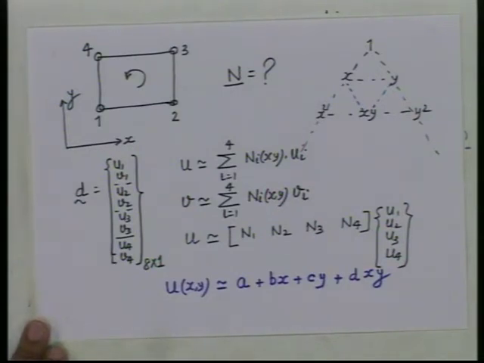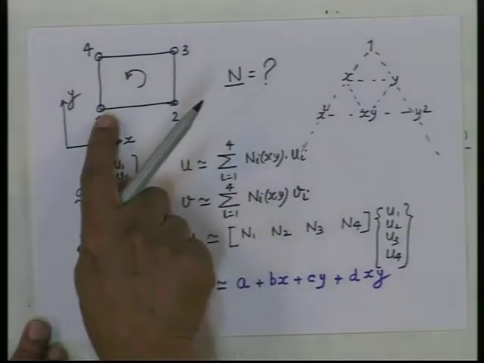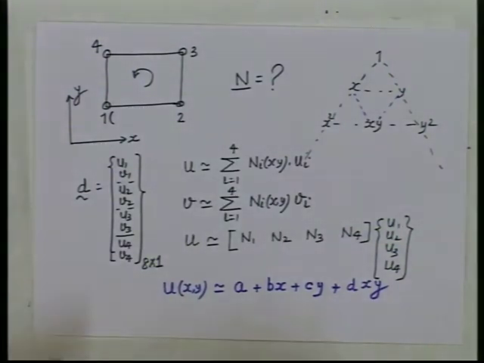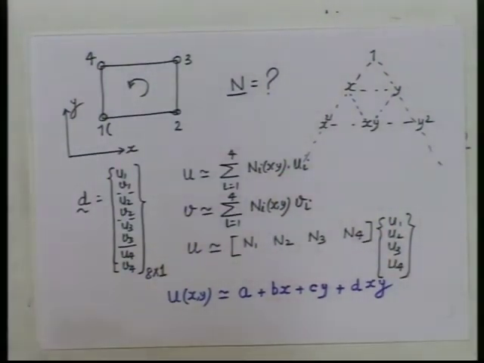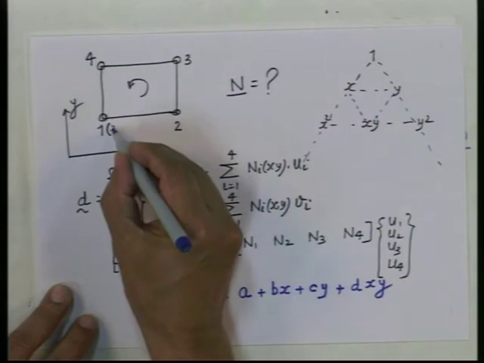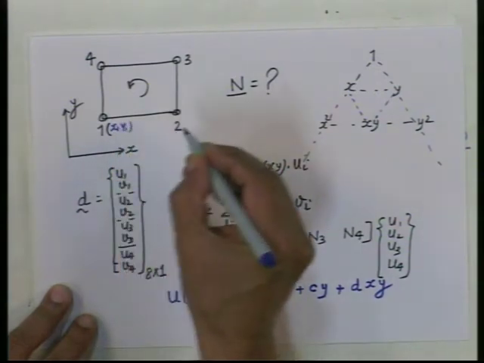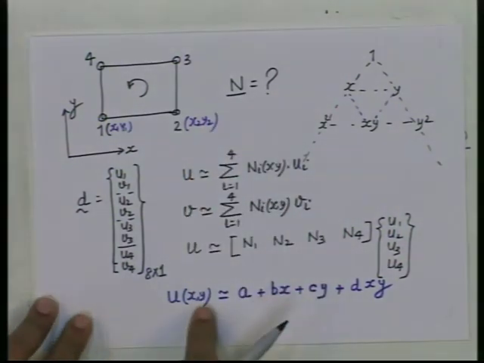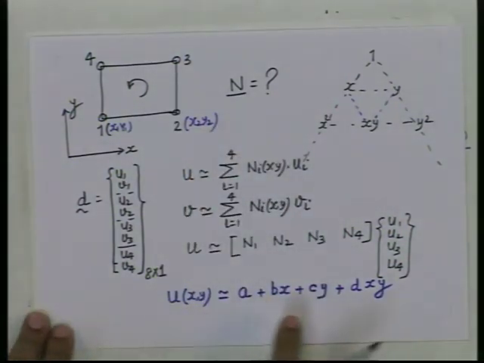4 equations means u1 when you substitute x1 y1, because 1 means it is x1 y1, is it not? All these coordinates are x2 y2, etc. So, when you substitute x1 y1, I will get one equation.